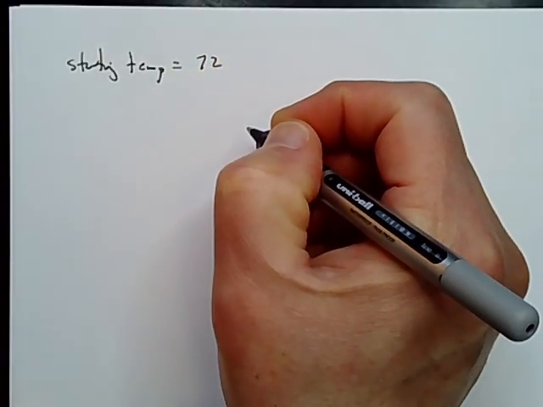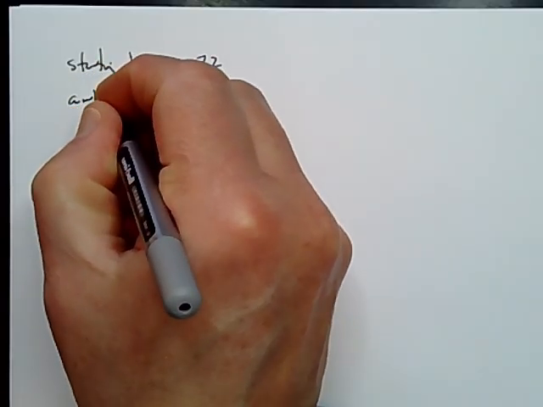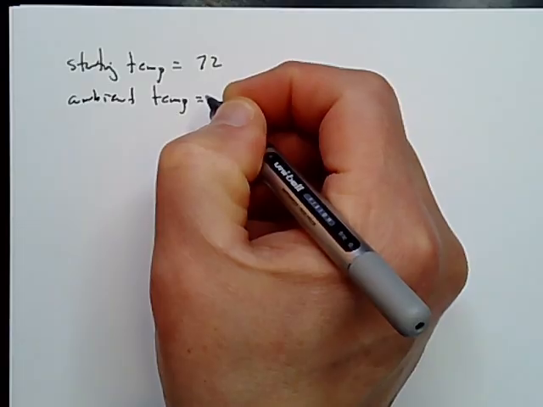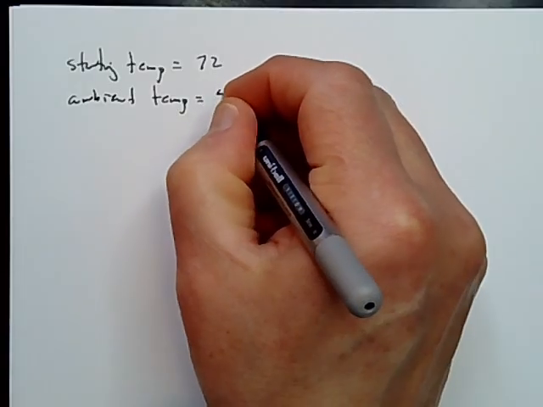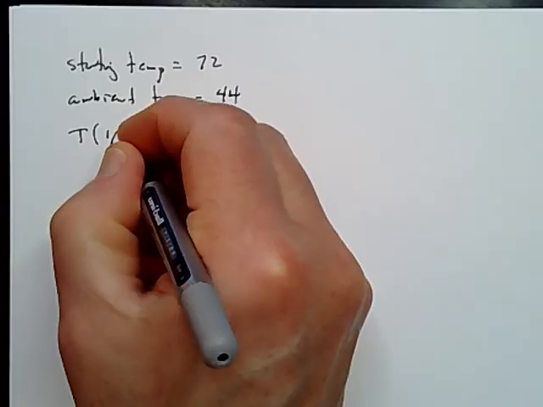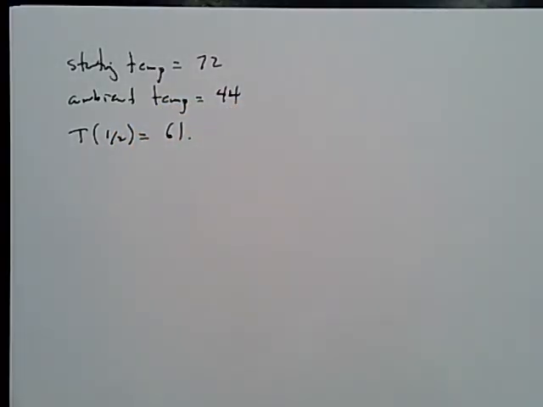The temperature in the refrigerator, so the ambient temperature, is 44, and it says capital T of 1/2 is, what does it say, 61. Okay?